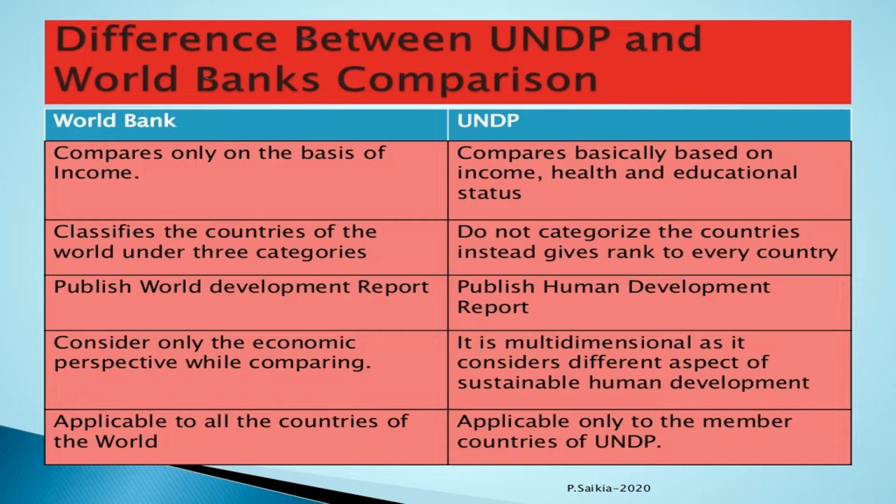The UNDP does not categorize countries, instead it gives a rank to every country. It publishes the Human Developmental Report. It is multidimensional as it considers different aspects of sustainable human development, and it is applicable only to the member countries of the UNDP. So this was a basic difference.